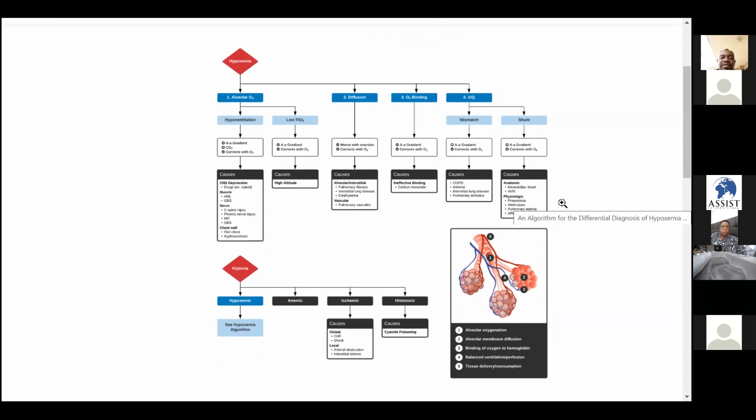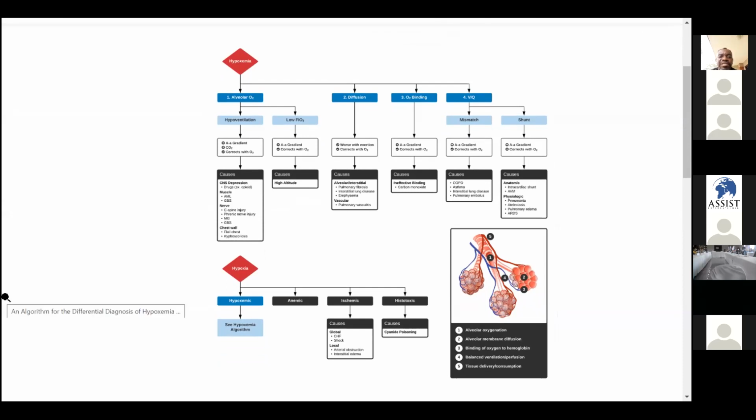We can see now what could be the different causes of hypoxemia: due to low oxygen level, or diffusion causes, or poor binding of oxygen, or a mismatch in the ventilation perfusion ratio.